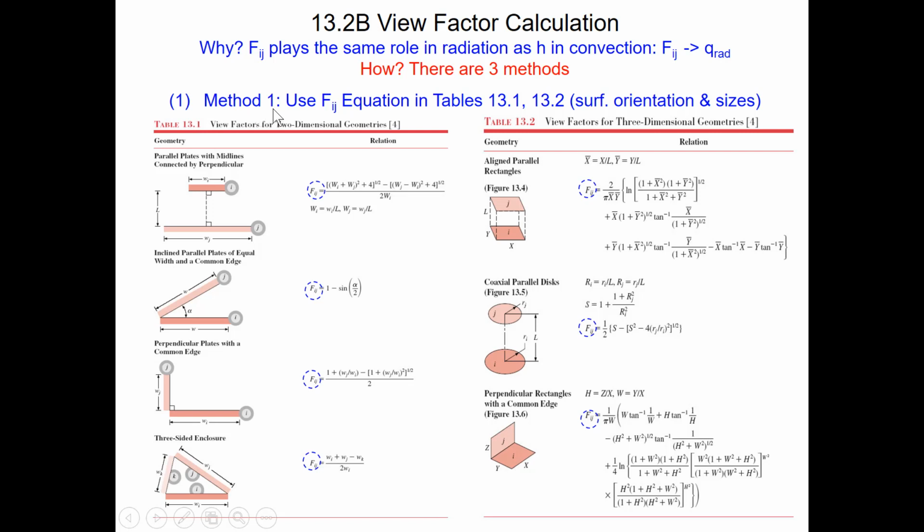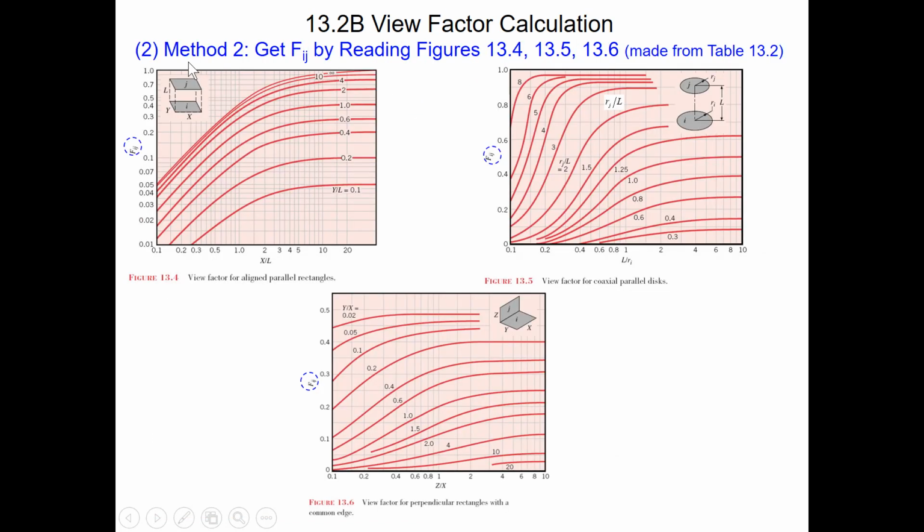The first method is to use the view factor equation in the tables based upon the geometry and the orientations between surfaces. The second method is to get the view factor value by directly reading the figures.